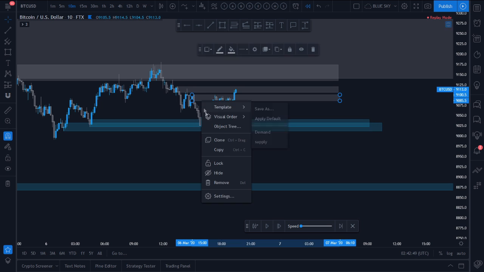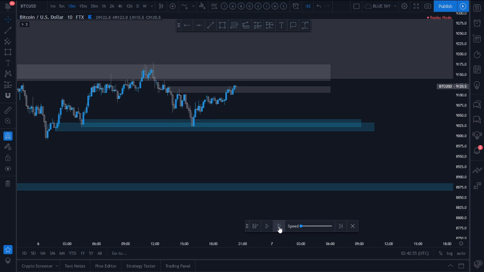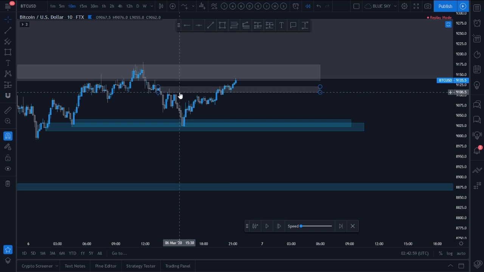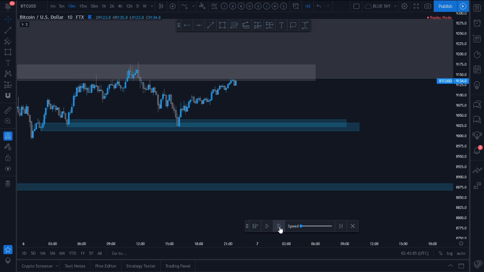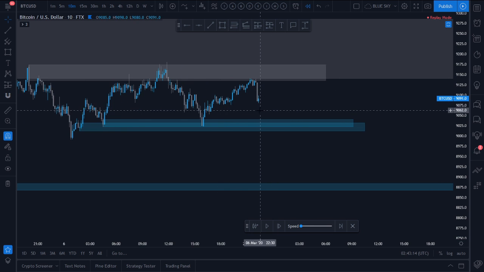But then price breaks above it, so it's invalidated. And even breaks above this one after a bit of struggle. And then this supply zone gets tested again and price breaks down.